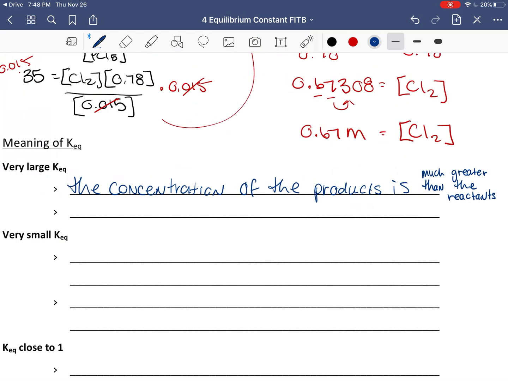We'll try that again on this line. The reaction essentially goes to completion. That means the forward reaction is actually happening.